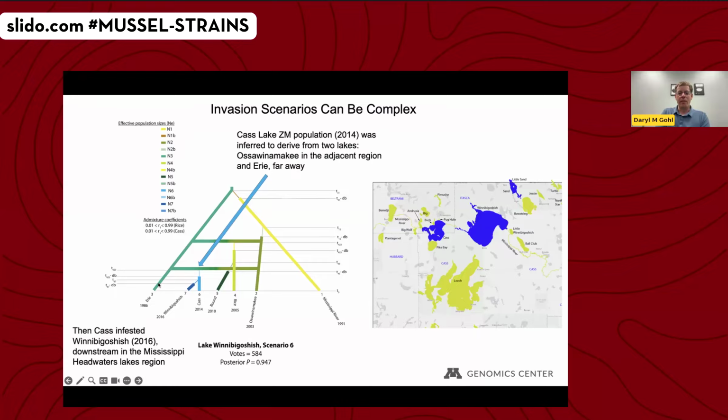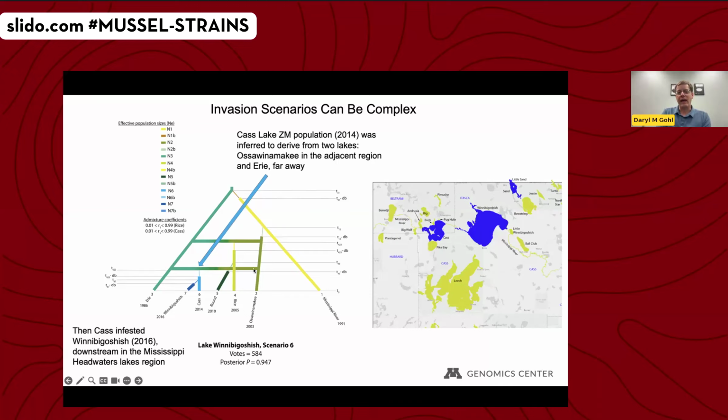Now, there's a bit of a caveat to this analysis, which is that there are a lot of intermediate lakes throughout Wisconsin or Michigan or Illinois that we haven't yet sampled, and so it could be that a boat came from Ossawinamakee and a separate boat came from Lake Erie, or it could be that there was some intermediate lake between Lake Erie and Cass that was part of that chain of infestation.